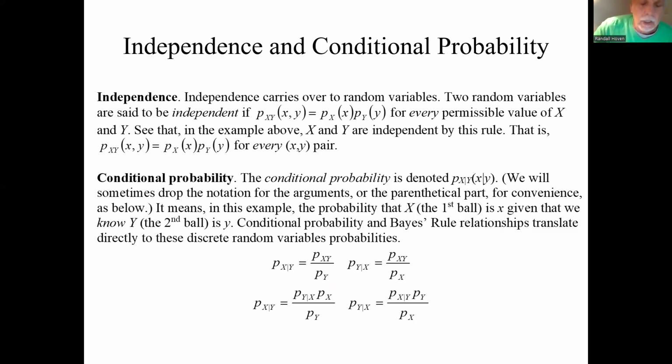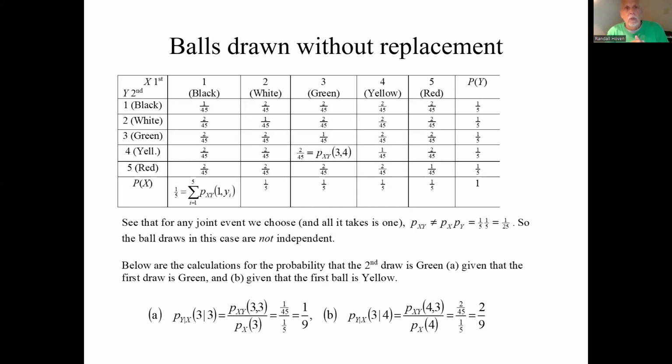Now they hold for random variables. This would be a similar matrix of numbers, a joint probability distribution. In the first case, after we drew out the first ball, we put it back in, shook up the urn sufficiently before we drew out the second ball. In this case, we don't. Once we draw out the first ball, we leave it out. We're not going to concern ourselves with that part of the problem. We just take these numbers as givens.